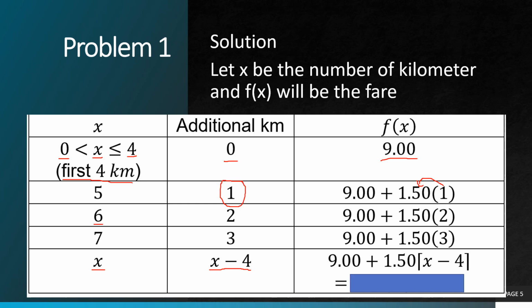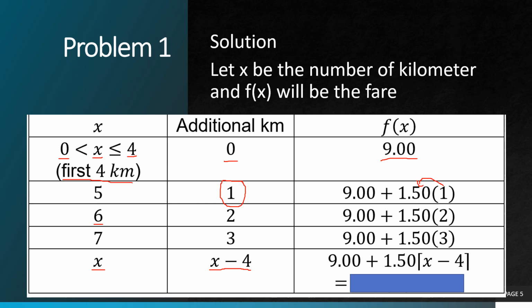Now, I use the ceiling function of x minus 4 because whenever the number of kilometers is in between two integers, we are going to consider the small portion as a whole.